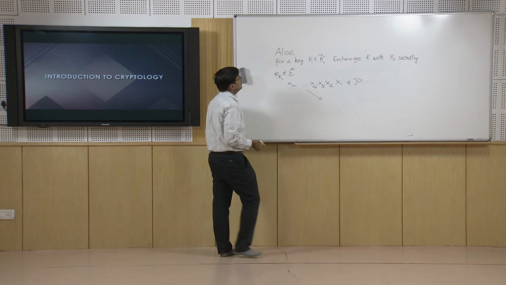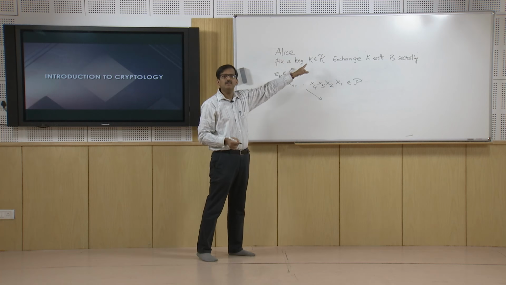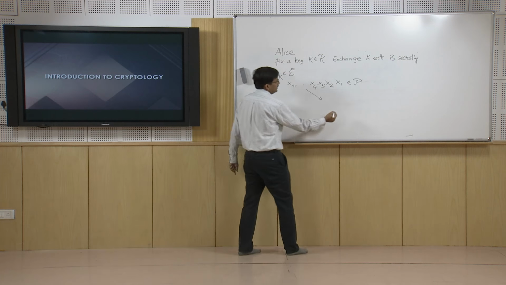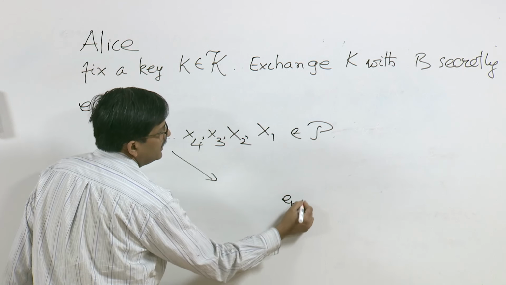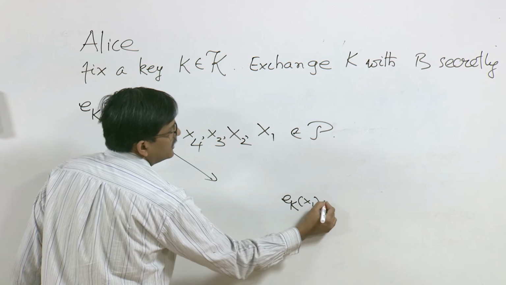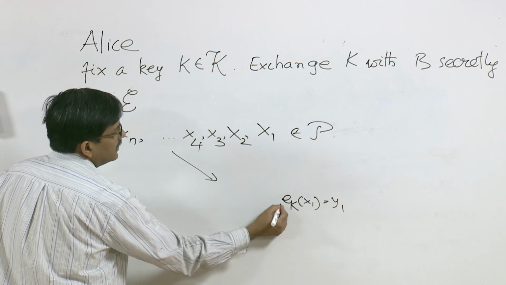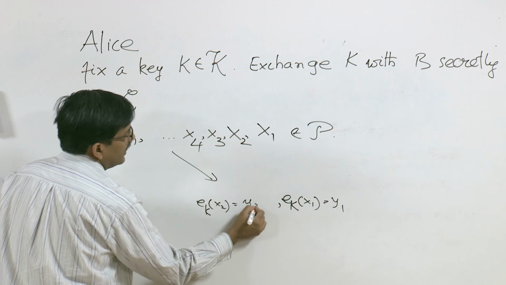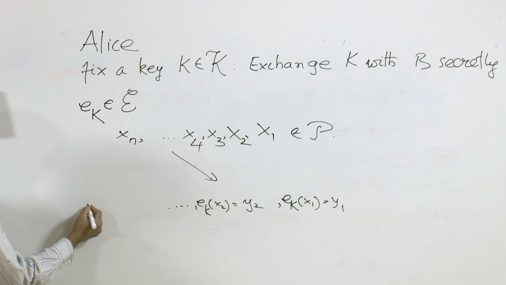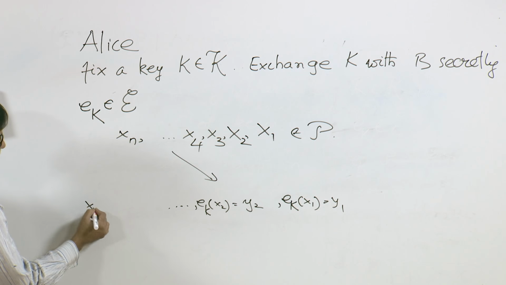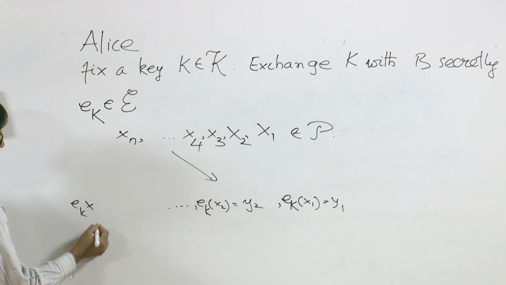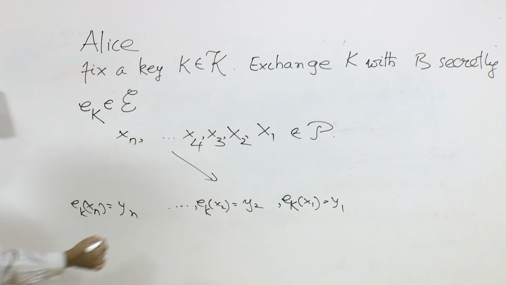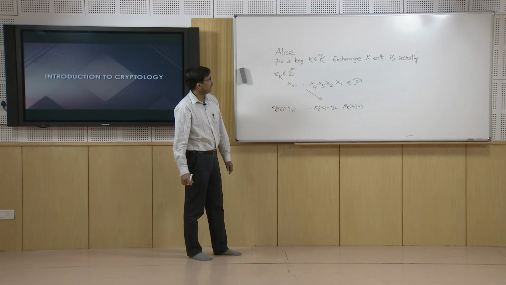She does the encryption with the key which has been shared with Bob. In this way, she applies ek to x1, she gets y1, then she applies ek to x2, she gets y2, and so on. At the end, she applies ek to xn, she gets yn. So, this is what Alice will be doing.